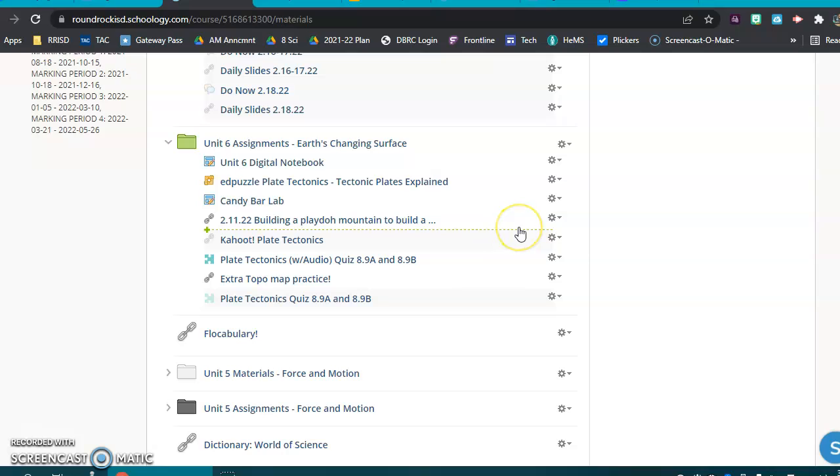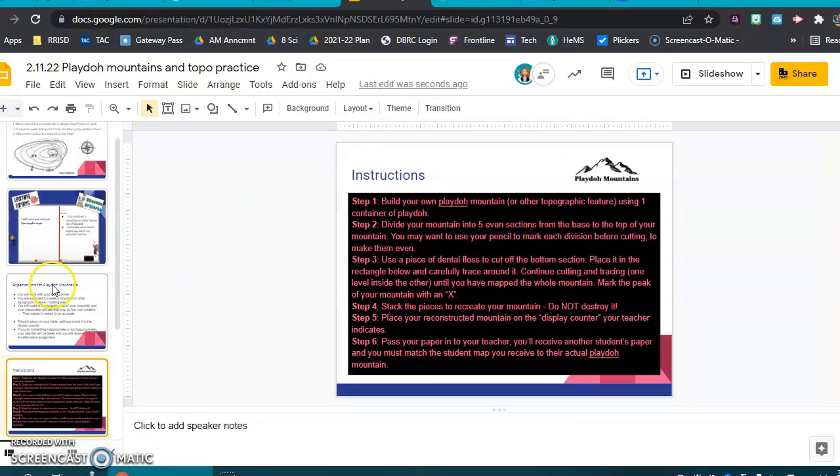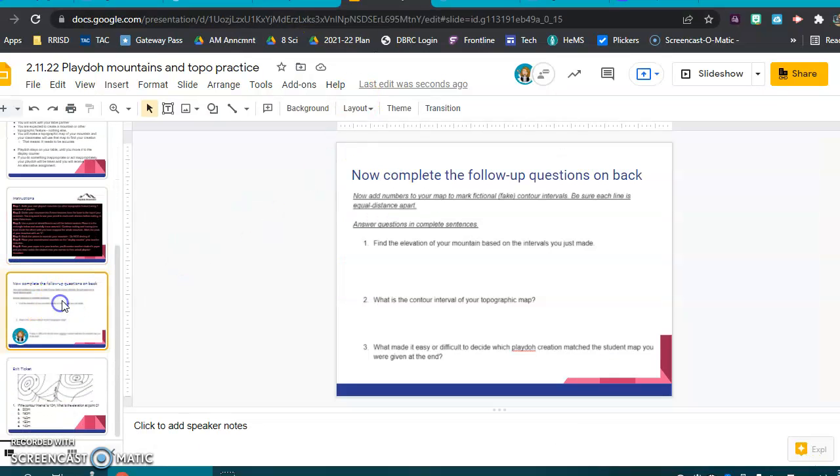And this teacher does exactly what we did in class today, shows you how to do it step by step so that you have a better understanding of topographic maps, contour lines, contour indexes, and how to take a 3D object and actually make a 2D, two-dimensional map. So that being said, that was today. And then there were some questions, but you weren't with us today. So we just want you to take a look at that video and see what's there.